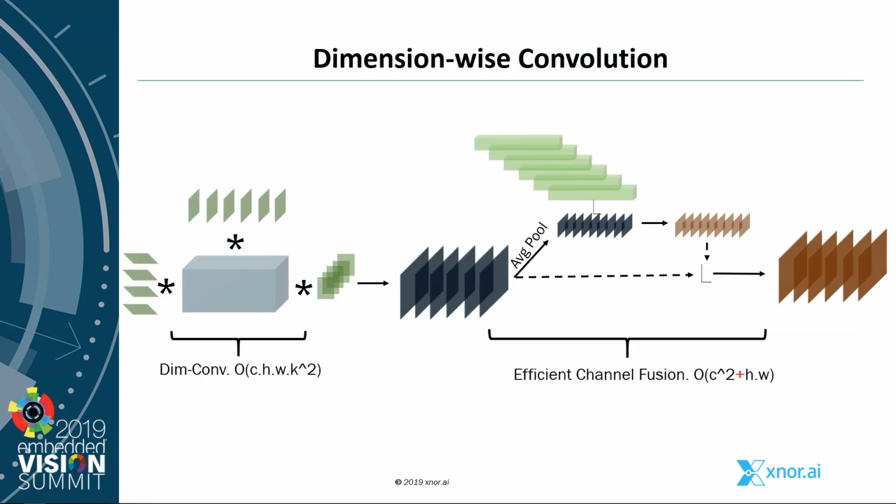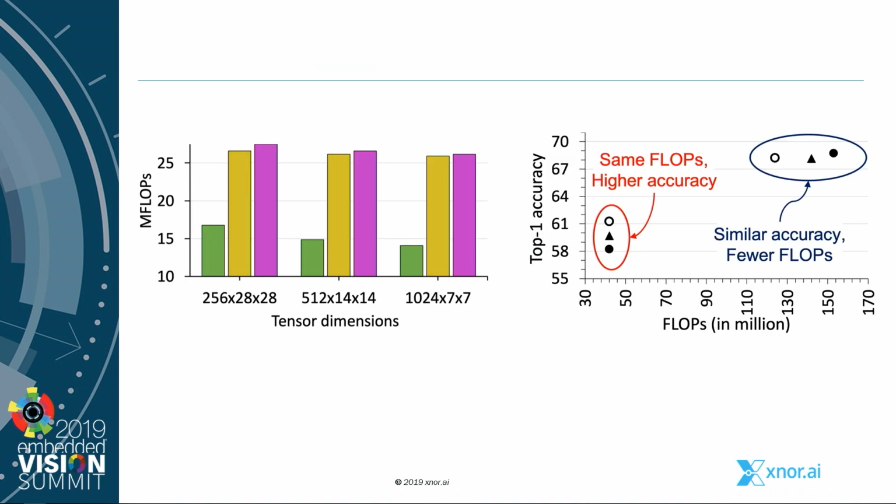It can be replaced with a very fast channel fusion where we only pull a vector from the output tensor, fuse that vector, and then propagate it into the next tensor. That saves a lot of computation. So under the same number of FLOPs, we can reach higher accuracy in image classification, and the number of operations for different image sizes is reduced by a large margin.